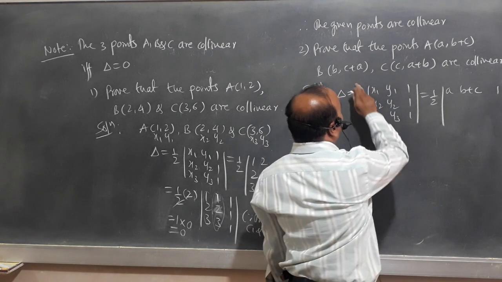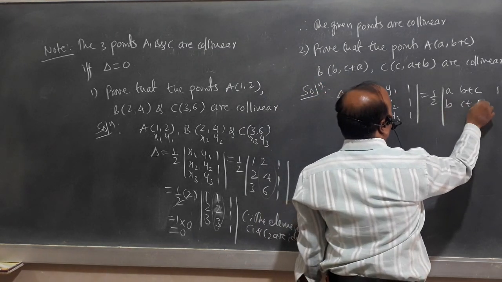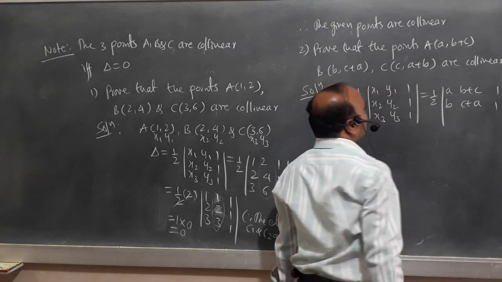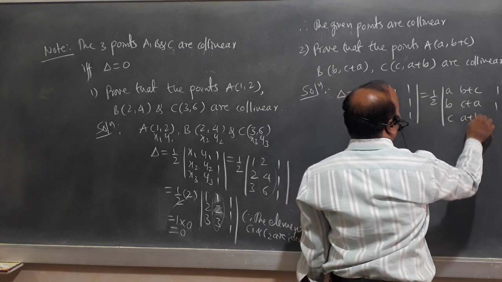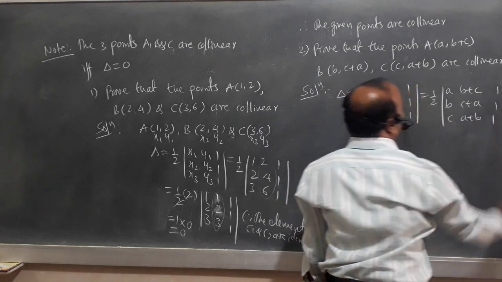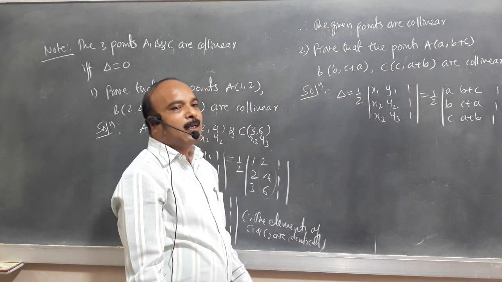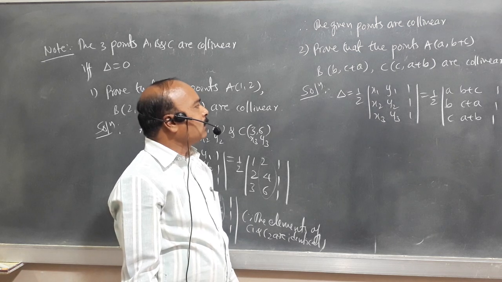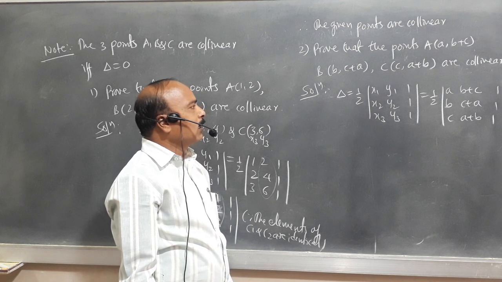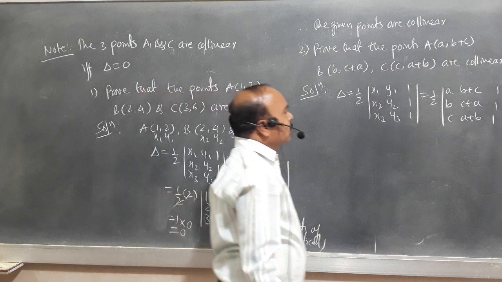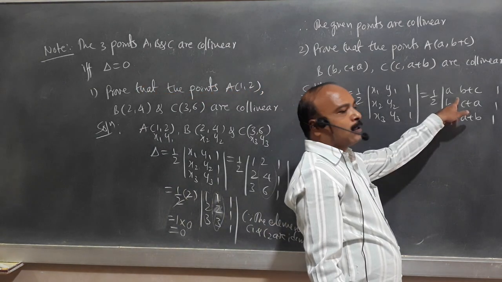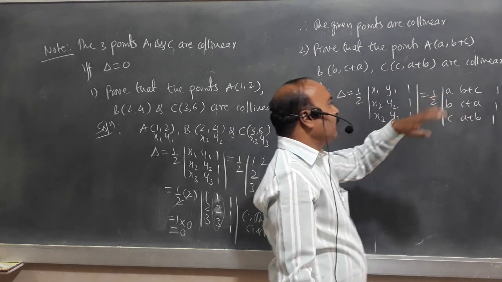Second row b, c+a, 1. Third row c, a+b, 1. So substituting all the values x1 y1, x2 y2 and x3 y3, we get this determinant. Now we can prove this determinant is equal to 0 by using the properties.